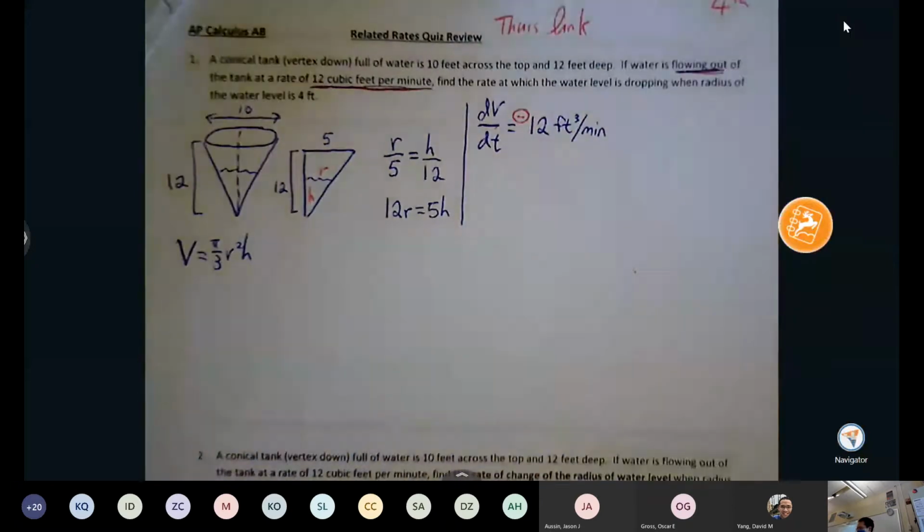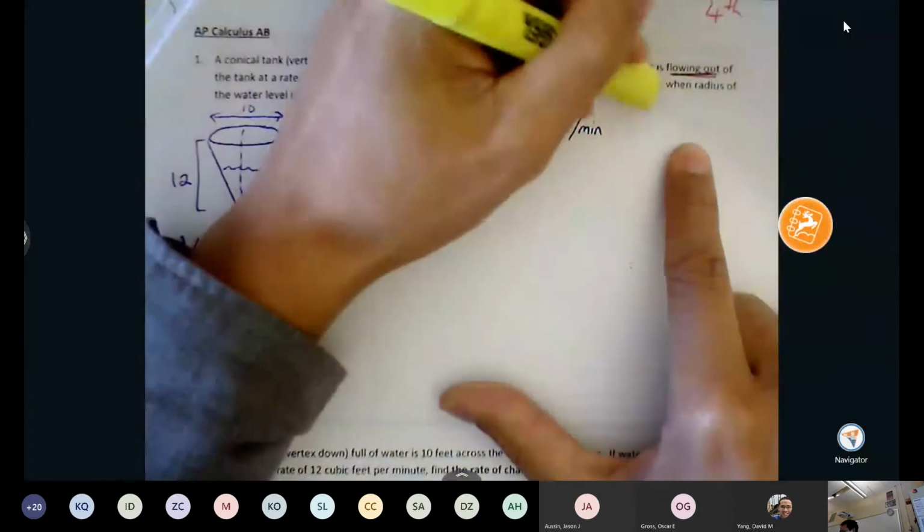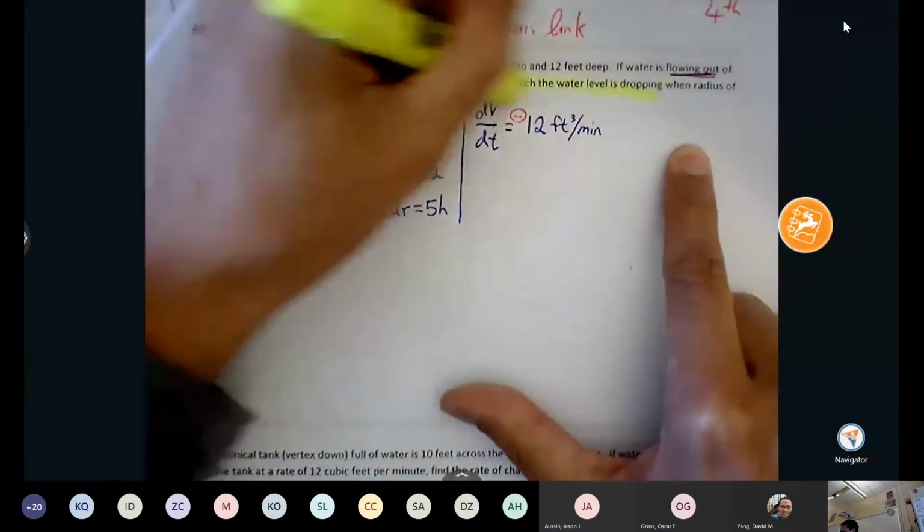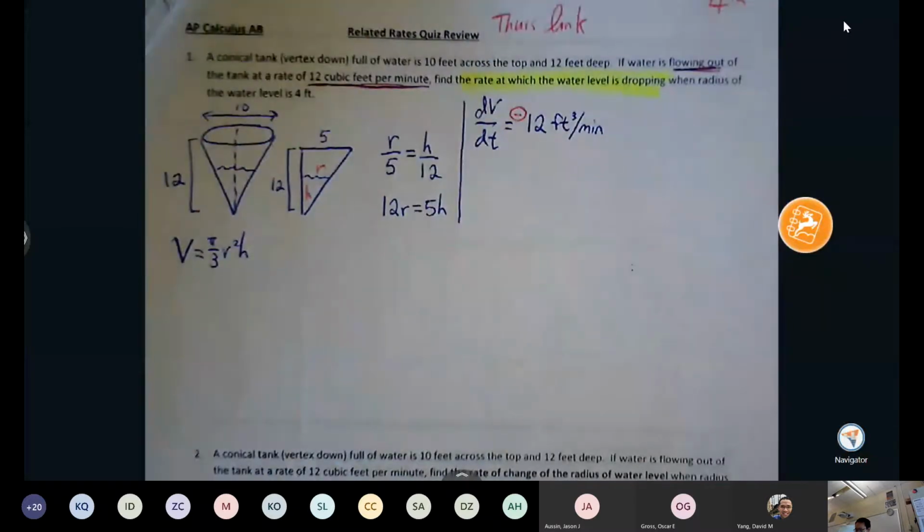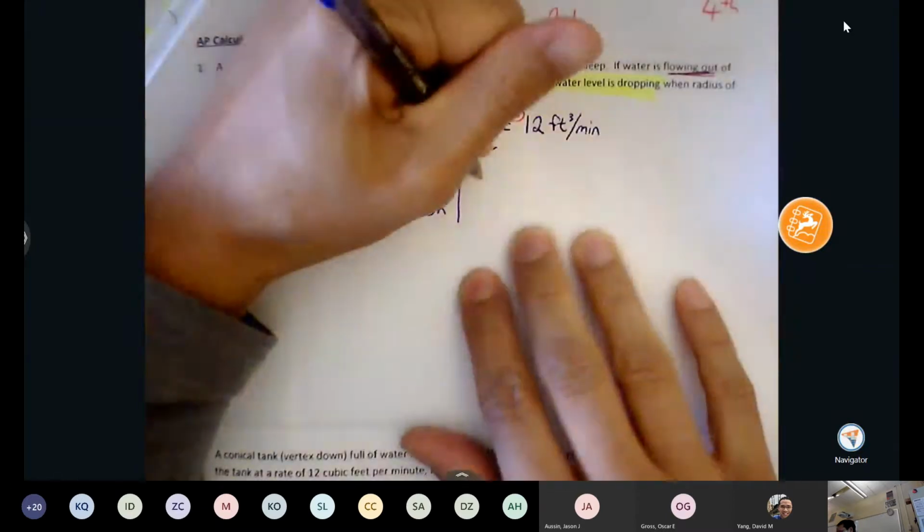Okay, let's look at what we're trying to find. Find the rate at which the water level is dropping. So what variable is that? dH dt, good.